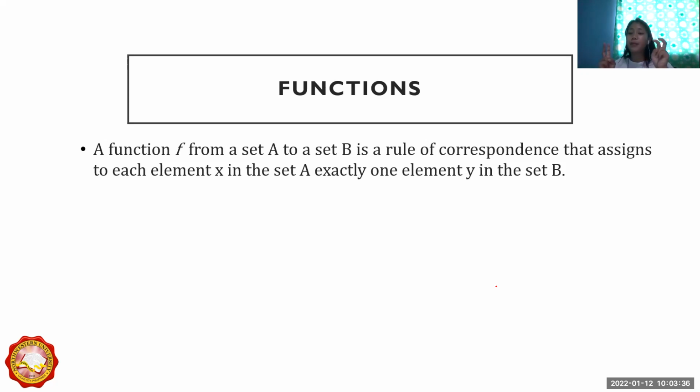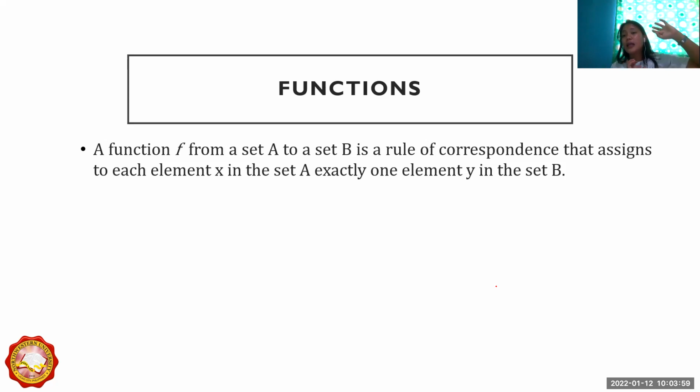Of course, dapat meron tayong 2 sets. And then, dapat lahat ng elements ng first set mo, nakamap siya sa exactly one element ng second set. That means, kung meron kang 5 elements dito sa set A, dapat lahat sila ma-map doon sa second set.